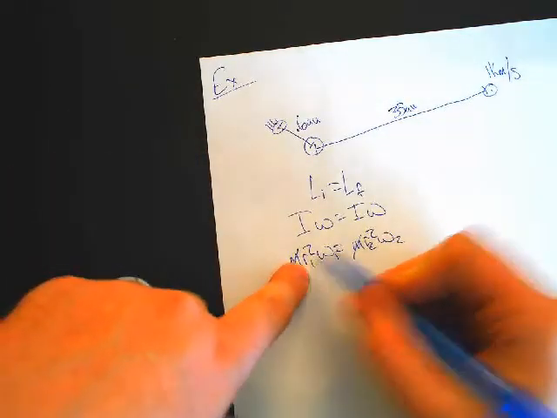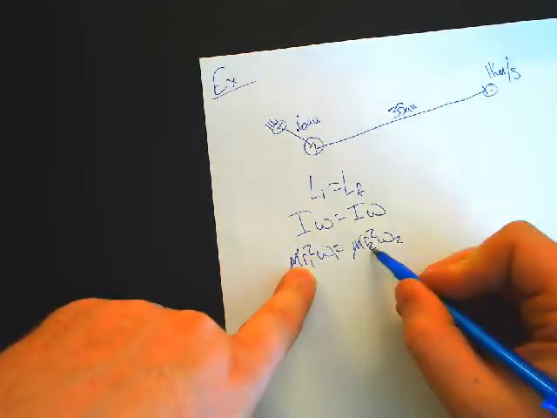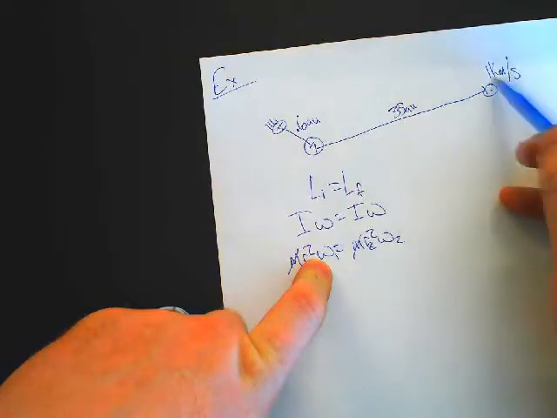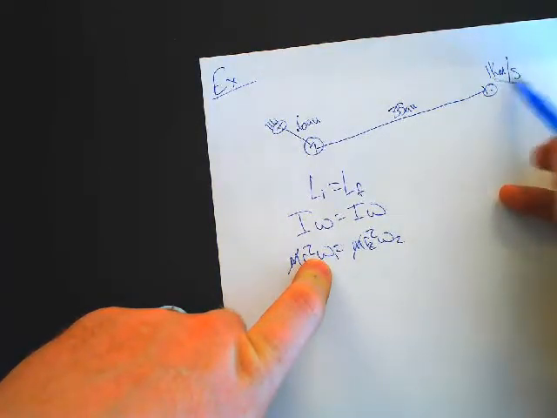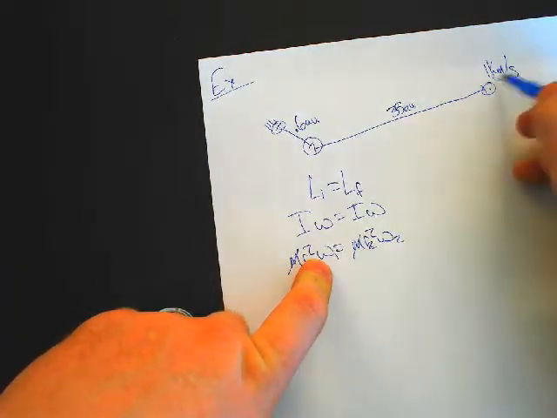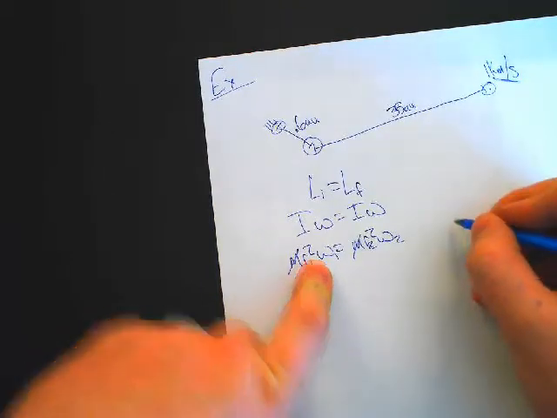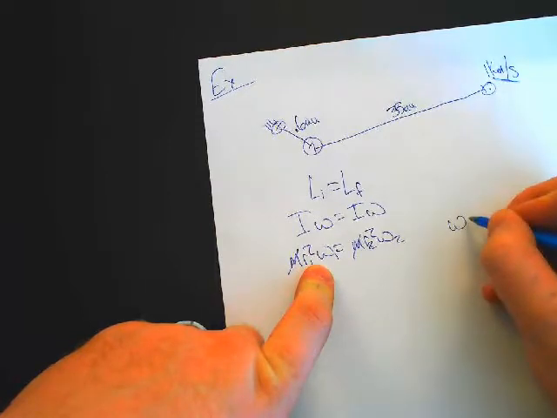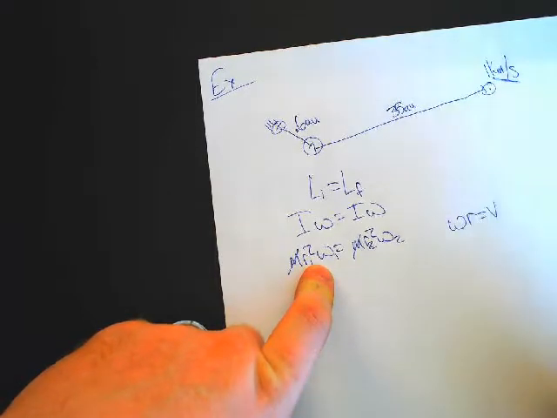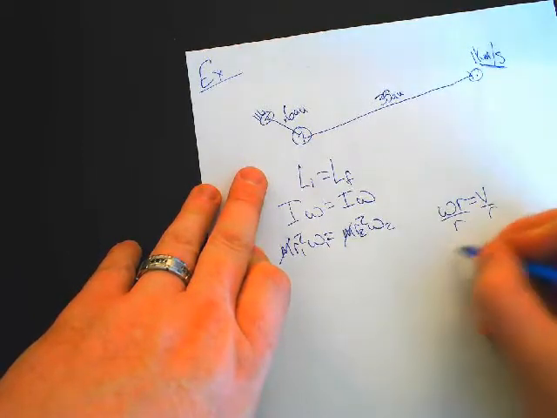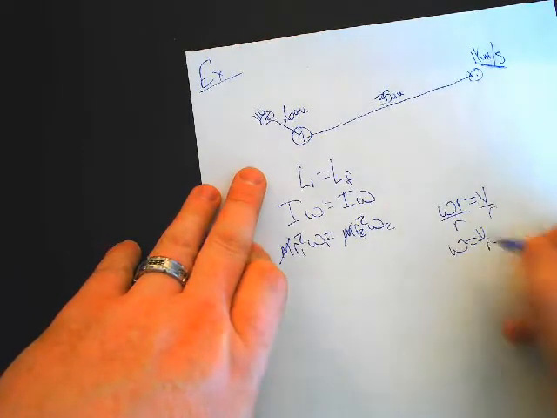So here I have 0.6, here I have 35, but this is what kind of velocity? Linear, not angular. Okay, so I need to change this into an angular velocity. Well, or I could change my equation. Omega times r is equal to v, correct? So if I divide this by r, I can say omega is equal to v over r, and I can make that substitution.